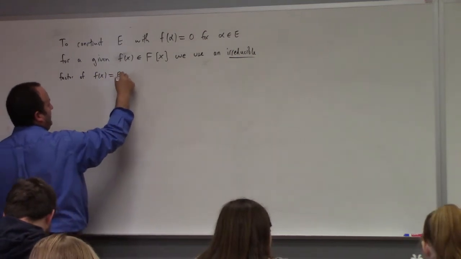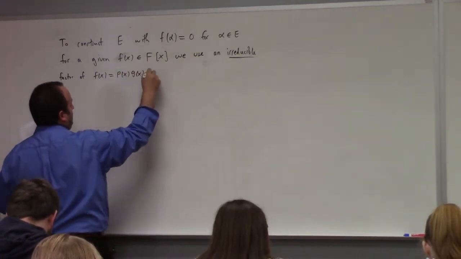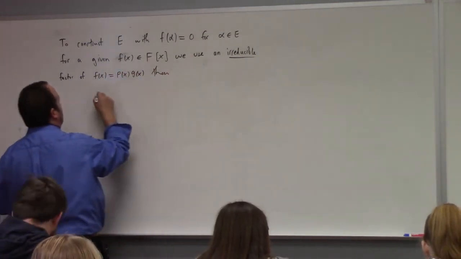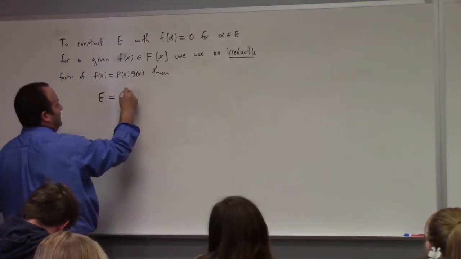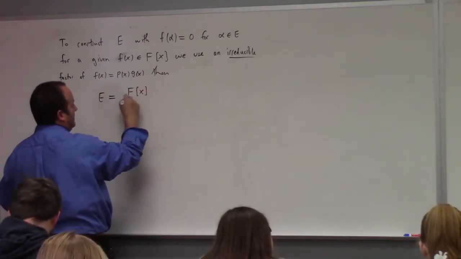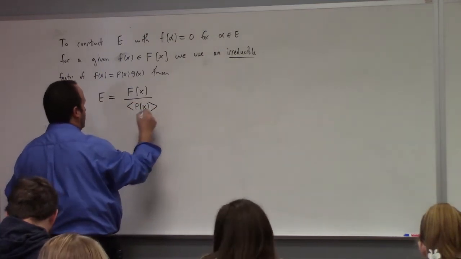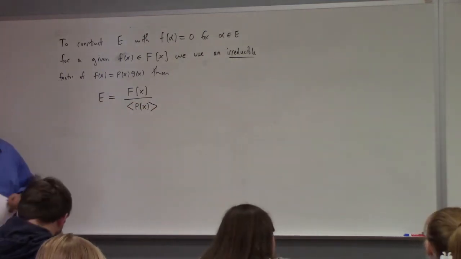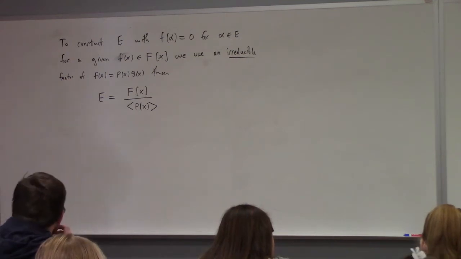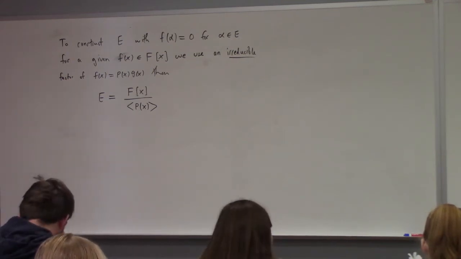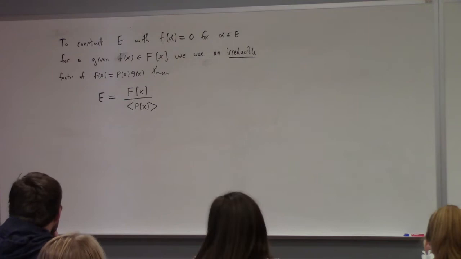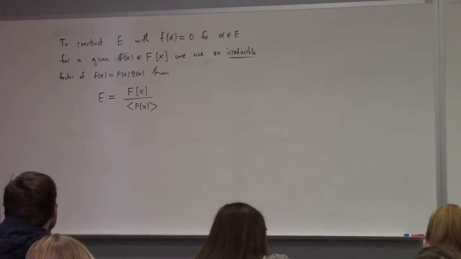Say f of x equals p of x times g of x. Then we construct E as F of x mod the ideal generated by p of x. This field E serves as a field in which f of x has a 0.